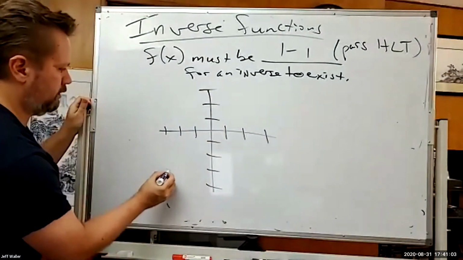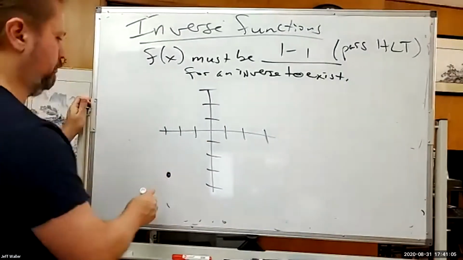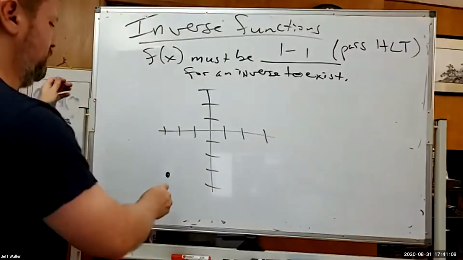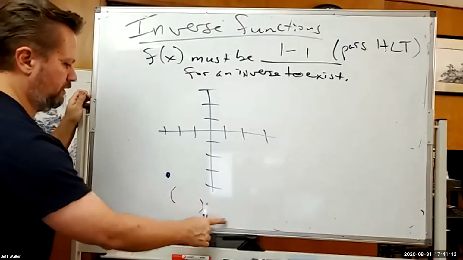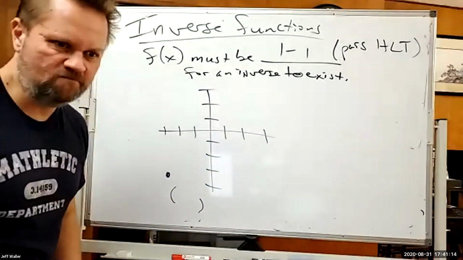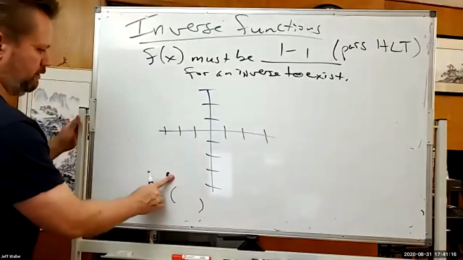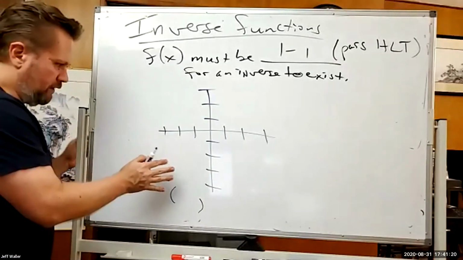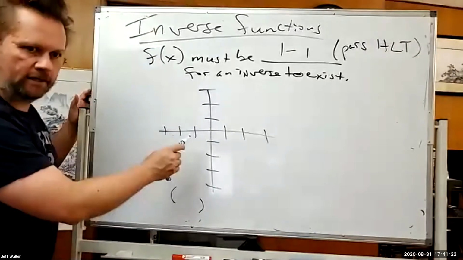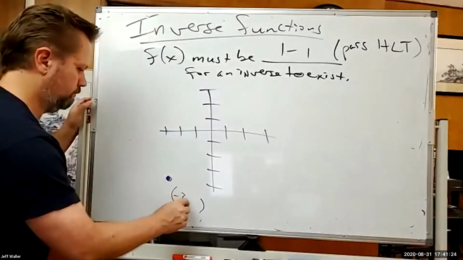So say I start here. What point is that? Can you guys see that all right? (-3, -4). Is that cool?